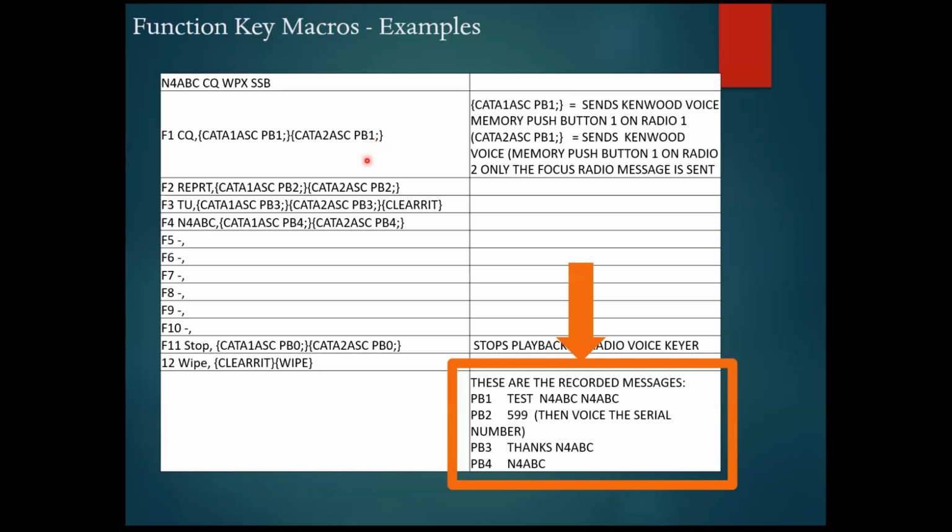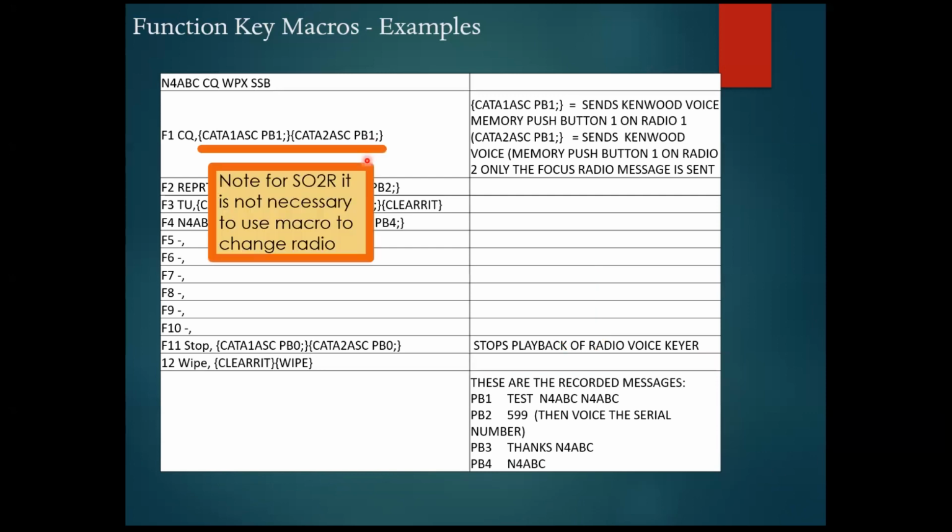And a couple of interesting things about that is that for SO2R, it's not necessary to tell this specifically to activate radio 2. I think it's the way that N1MM sends its push-to-talk codes to radios. It will probably send both those commands, but because N1MM says, for example, if you've got radio 2 being your focus radio, the only radio that'll play anything or do anything is radio 2.